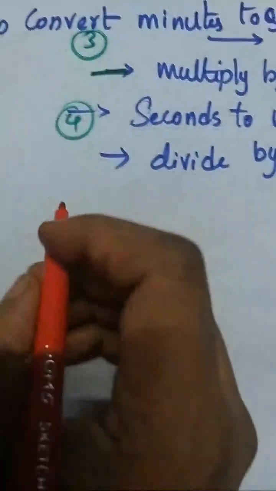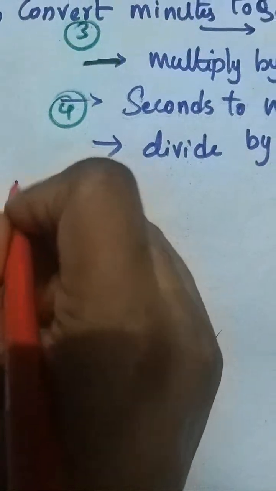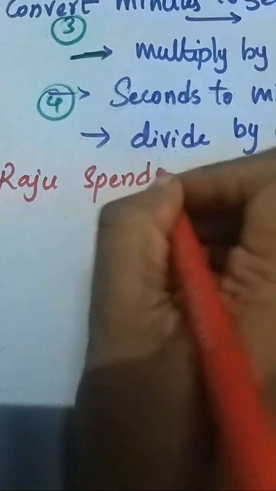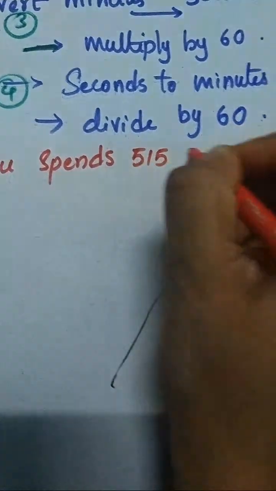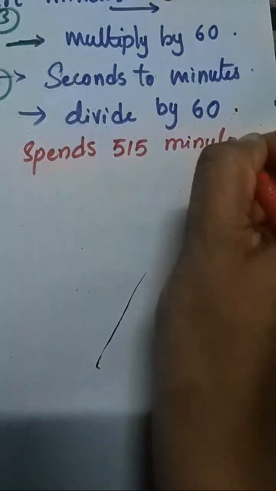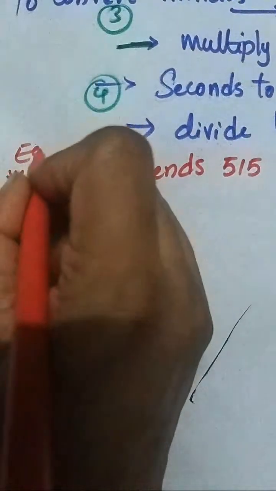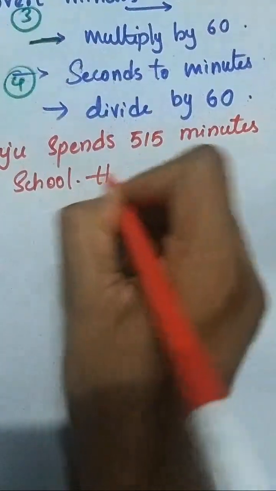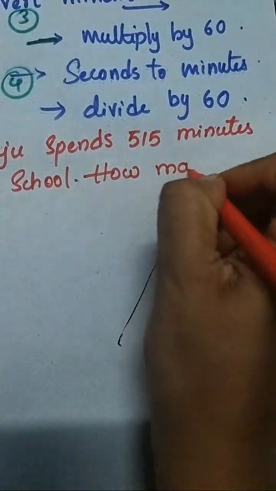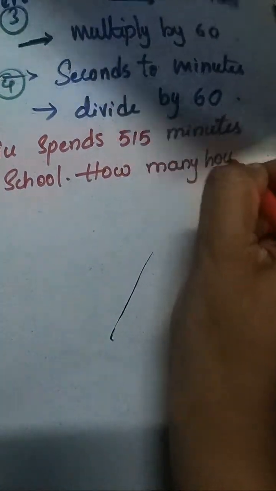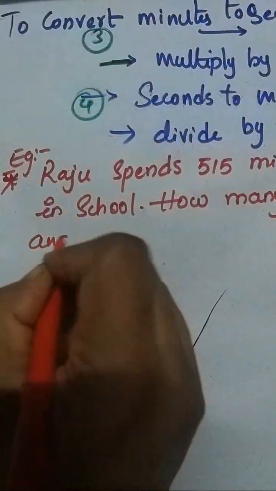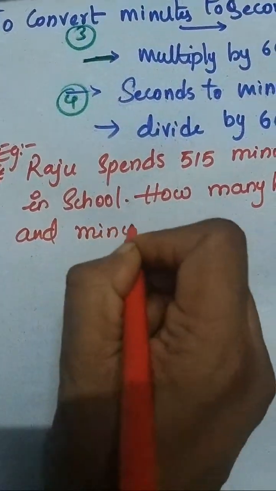Now if you are given: Raju spends 5:15 minutes in school. For example, how many hours and minutes is that?